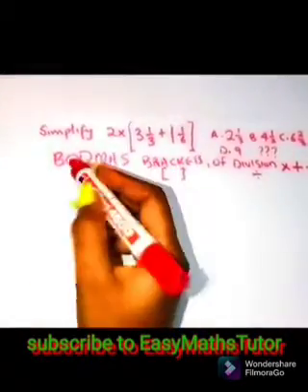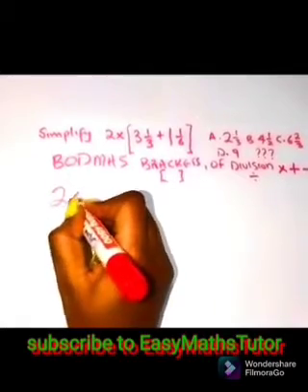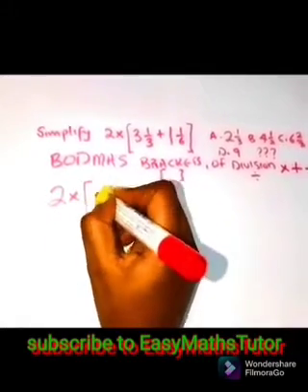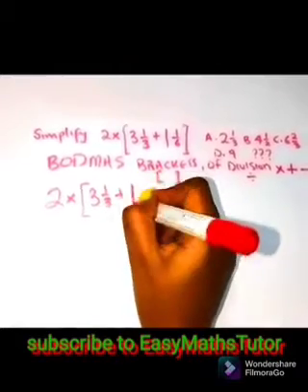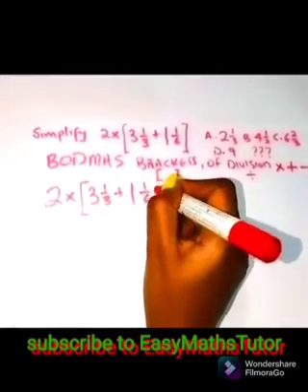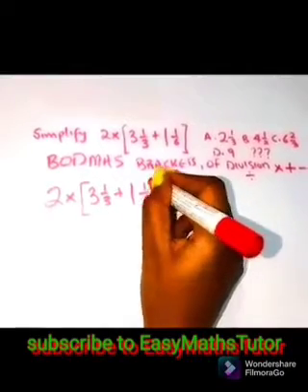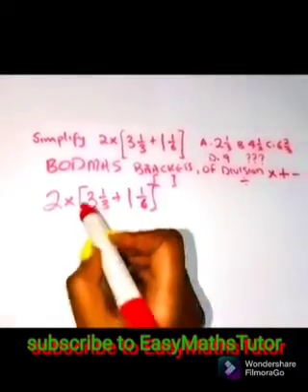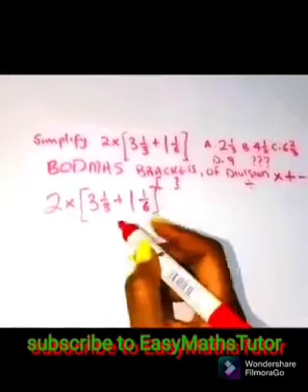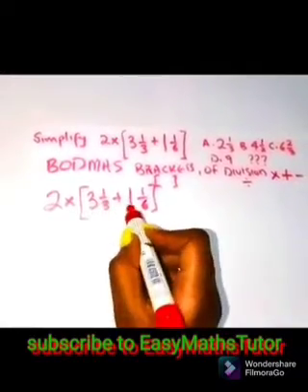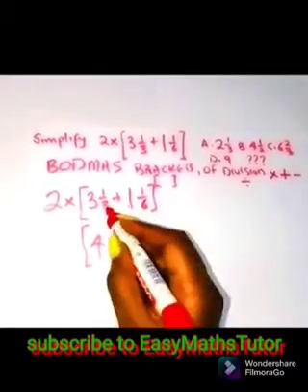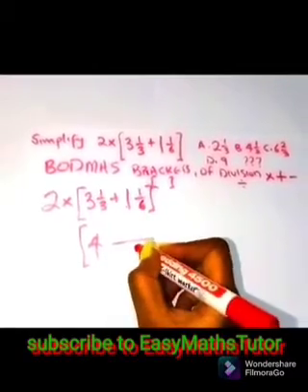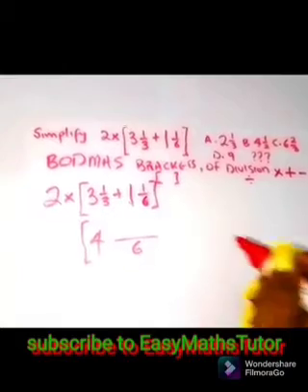And so from this problem, which is 2 times 3 whole number 1 over 3 plus 1 whole number 1 over 6, we'll solve the bracket first. So first of all, we'll add these two whole numbers. 3 plus 1 gives us 4. Then the LCM of 3 and 6 is 6.